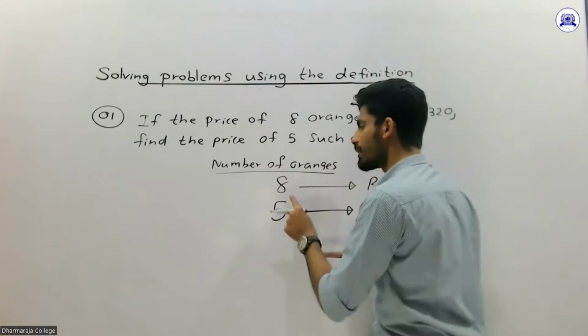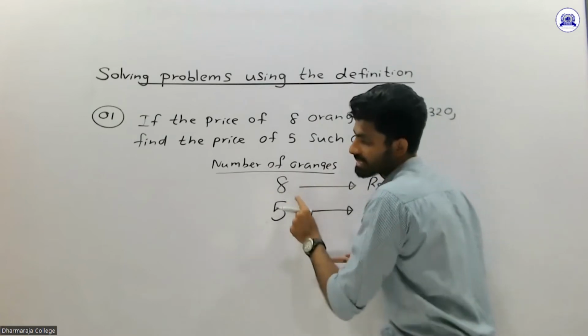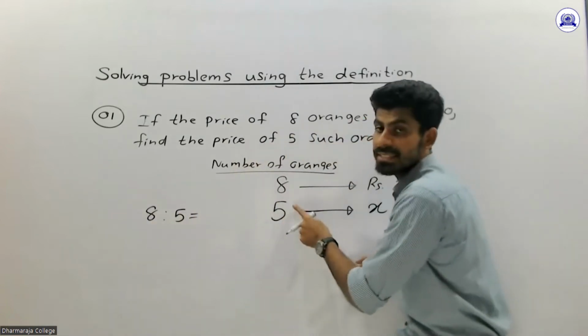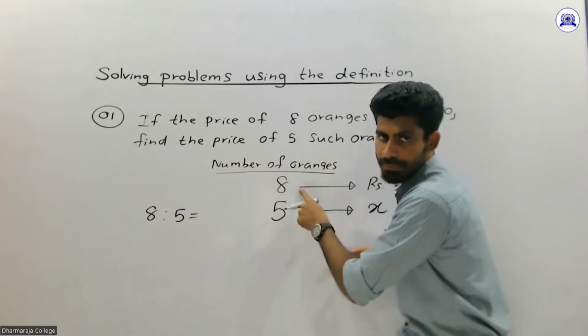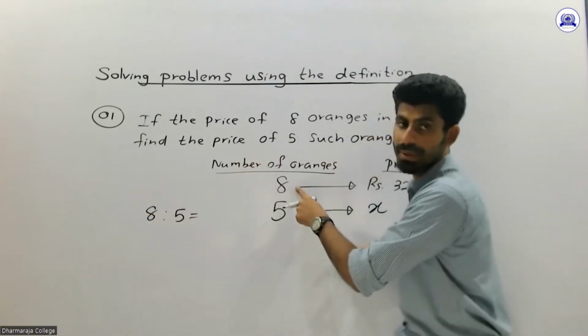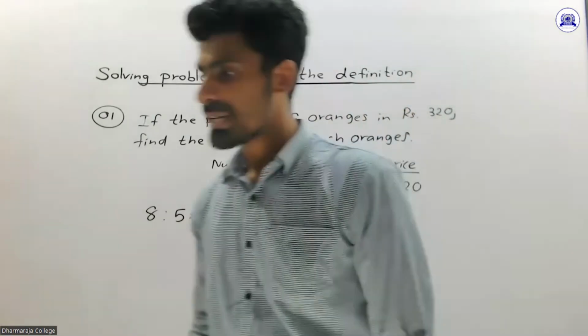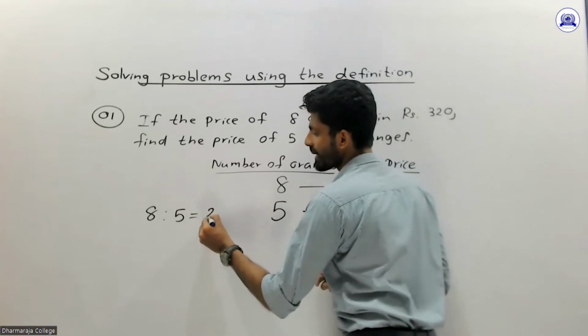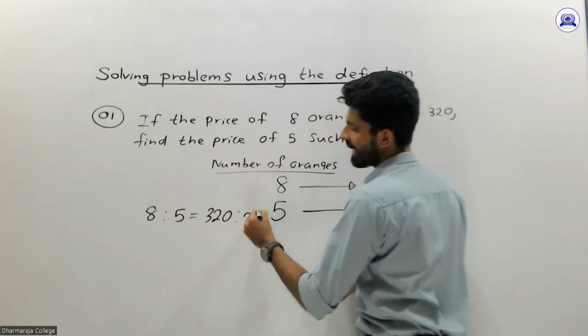You can write this as a ratio, 8 to 5, or 5 to 8, anything. So 8 to 5 equals 320 to X.